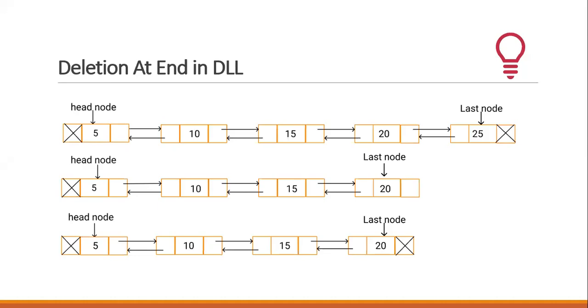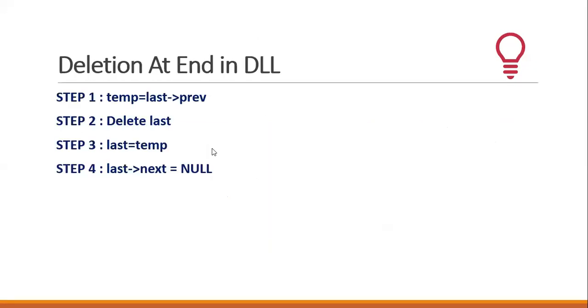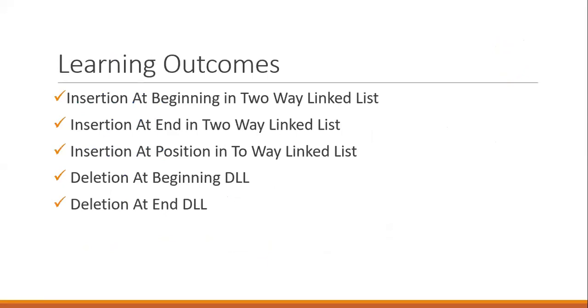We see how easy it is to delete, even at the end, when a doubly linked list is there, because you have the previous pointers and you also have a significant last node available with you. Fine, that's what we saw today.